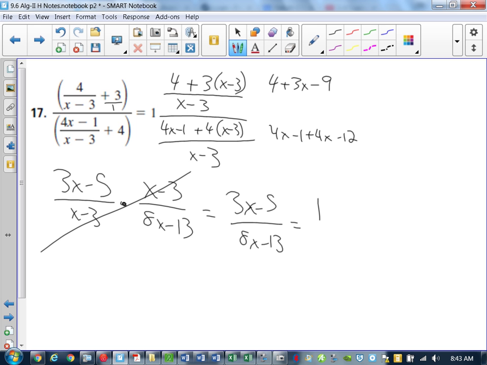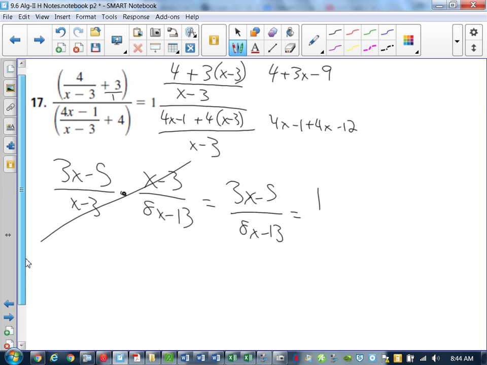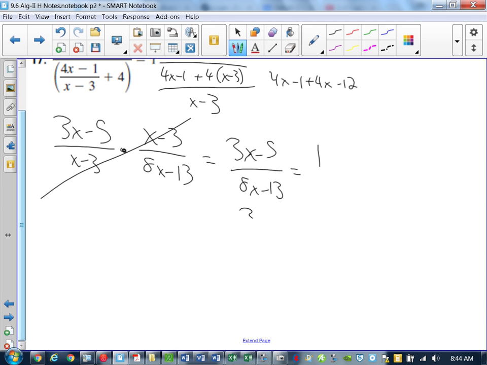Forgot. So now, that's when I have to cross multiply. I'm just going to multiply the 8x minus 13 to the other side. And we wind up with 3x minus 5 is 8x minus 13. Subtract the 3, add the 13.